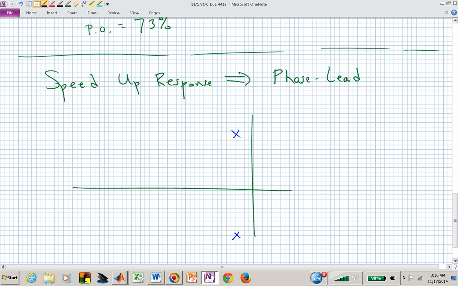We know that zeros like to attract the branches of the root locus. So if I simply put a real 0 here, and let's say that I could do that without putting a pole in, which I can't do. I can't just put a 0 in. I have to accompany that with a pole factor so that I don't just do differentiation in my analog signal processing. I want to roll that off.